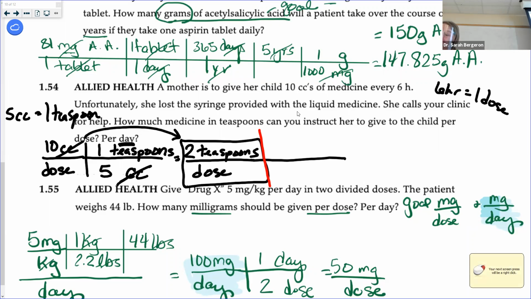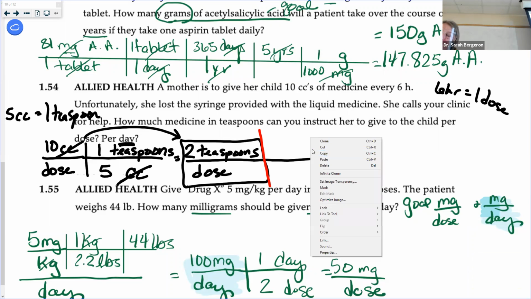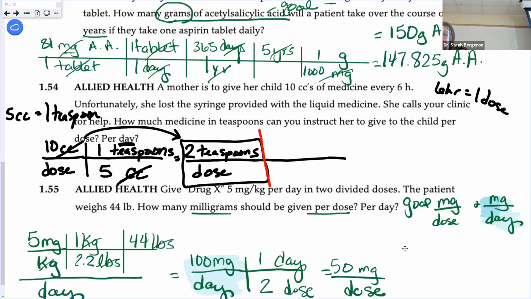Dose goes on the top. What goes on the bottom? Can I go from dose to days? I've got to go to hours, because I know that in one dose, there are 6 hours.